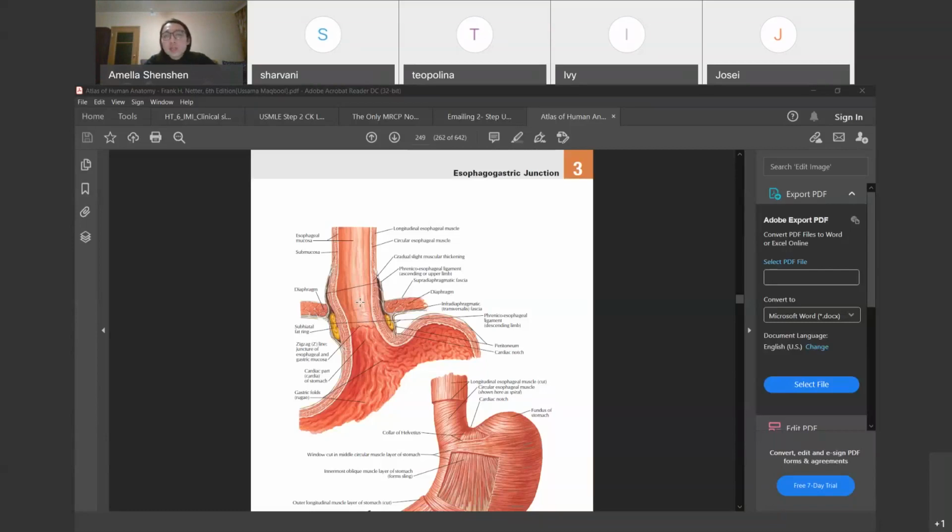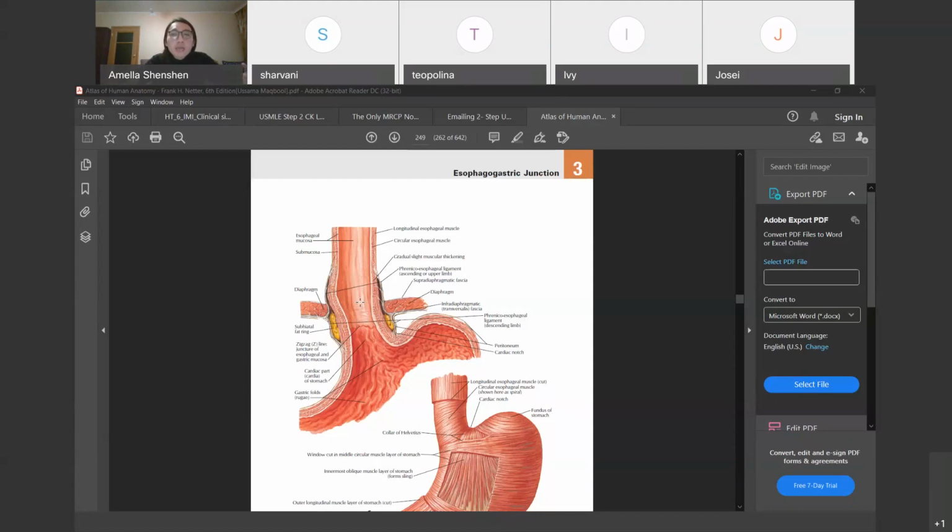Once it gets too acidic, there's some protective mechanism that can help to increase the pH. But the thing is that the mucosal layer of the stomach is able to adapt to changes of pH, whereas the mucosal layer of the esophagus cannot.